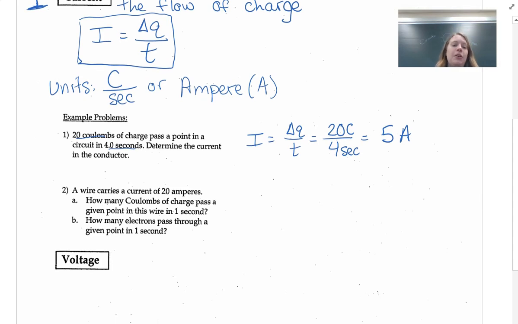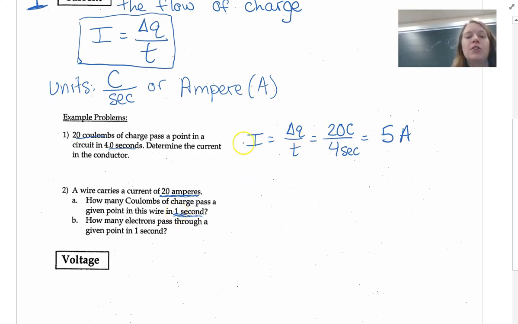The second one gets a little more complicated because it asks about the electrons. And this isn't a common question, but something that's worth talking about. So it says a wire carries a current of 20 amperes. How many coulombs of charge pass a given point in this wire in 1 second? So we could do the math, right?